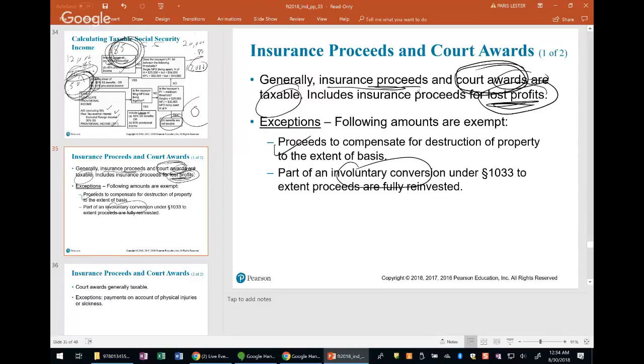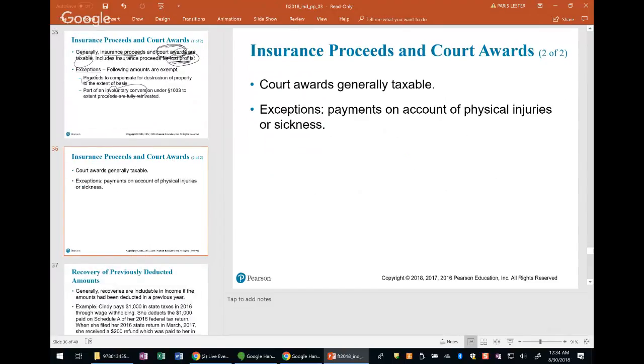Now, involuntary conversion, if you wreck your car, is that involuntary? Hopefully it is. But windstorms and hailstorms and floods are involuntary conversions if a natural disaster took out your property. All right, so court awards are taxable, except for physical injury that I told you about.